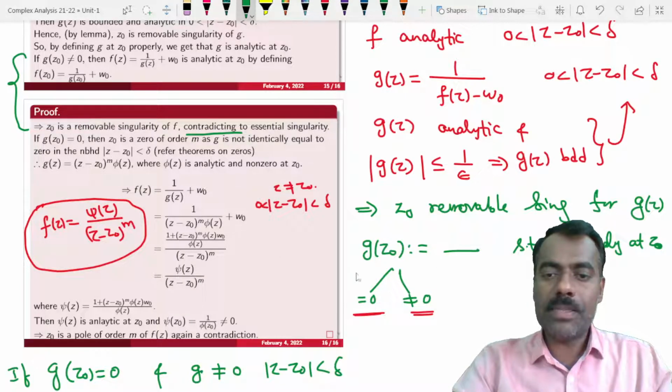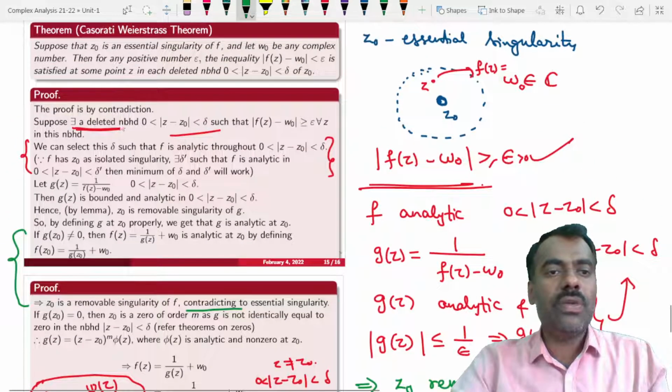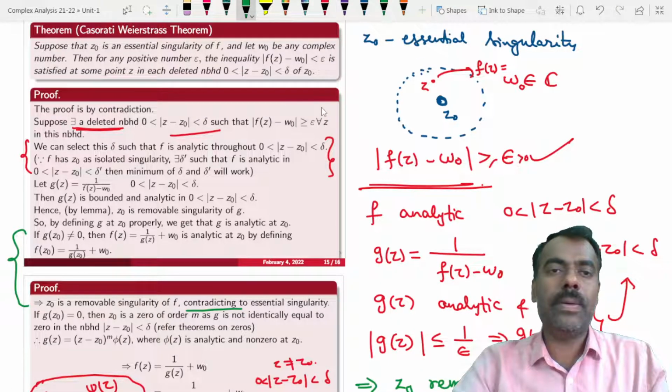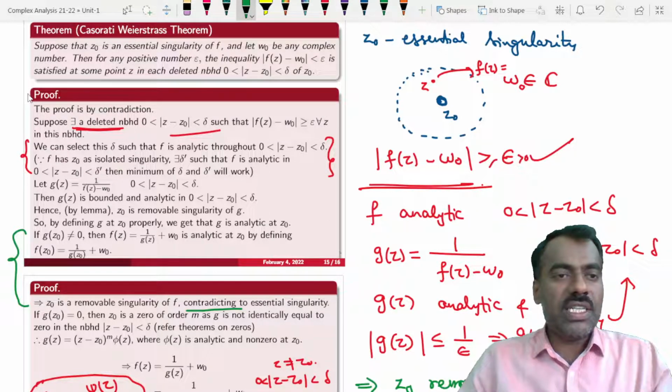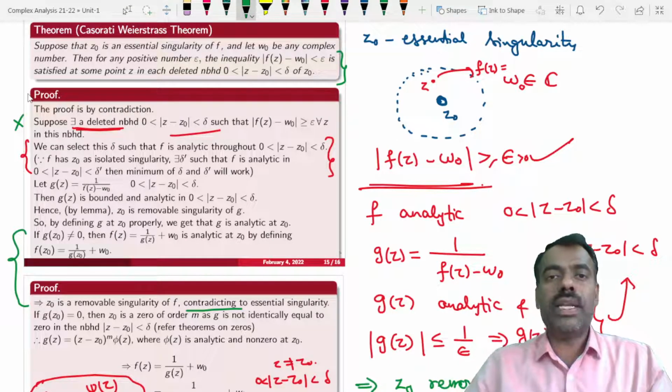So these both cases cannot happen, because we assumed that there exists some deleted neighborhood in which this is happening. Therefore this supposition is wrong.